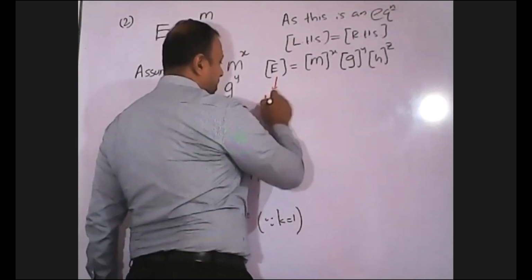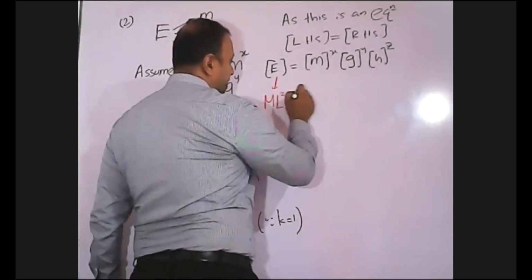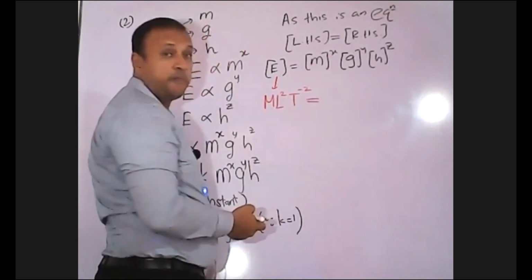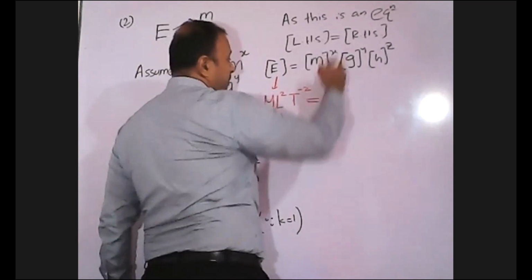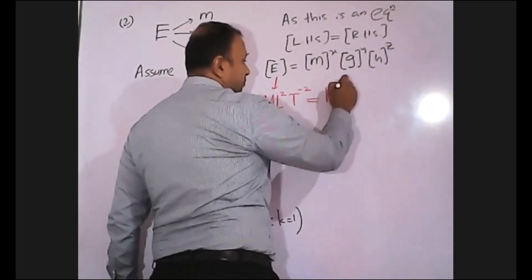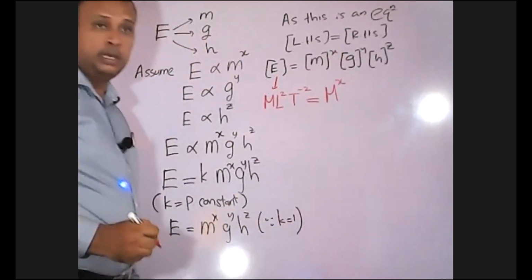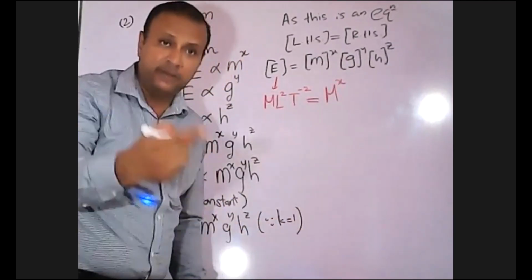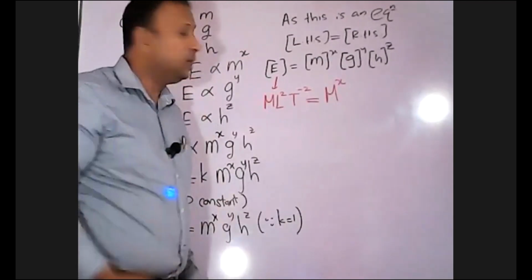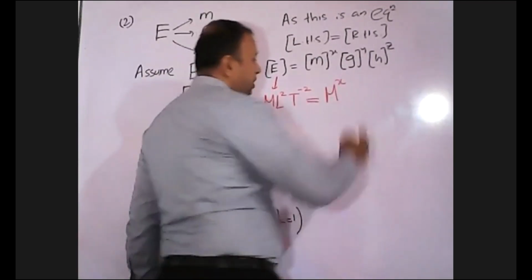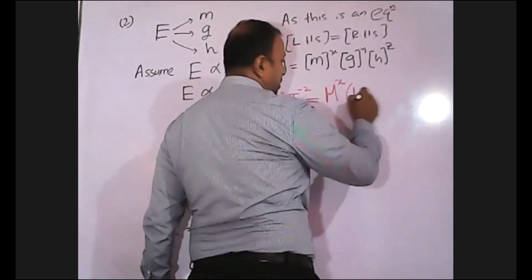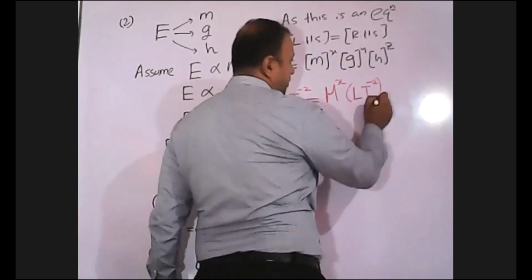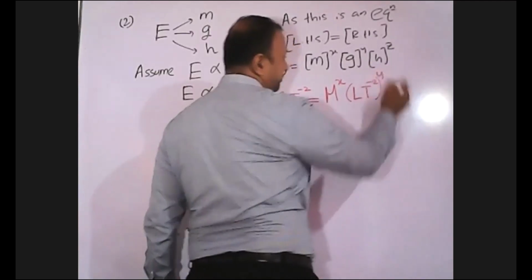That is equal to the dimension of mass, M to the power x, which is M^x. The dimension of g: gravitational acceleration means acceleration, so L T to the power minus 2, all to the power y.